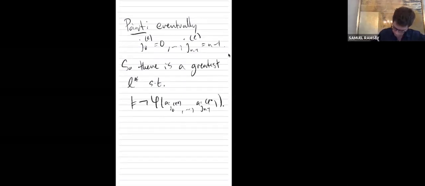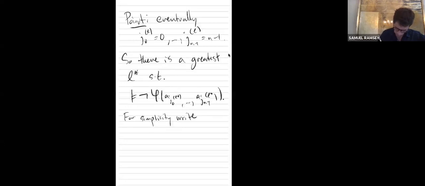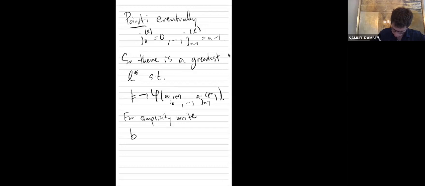Now, just for simplicity, write B Q for Q in the rational numbers. It'll be this funny tuple. So we're going to have A J0 L star. This is really bad, I'm sorry.